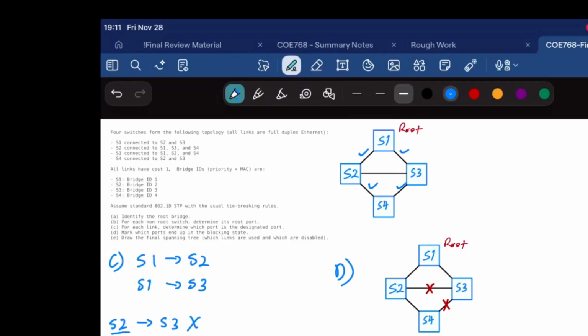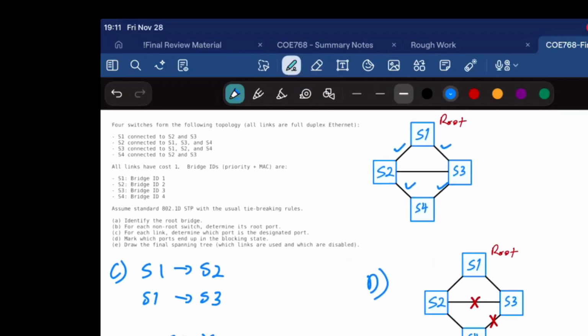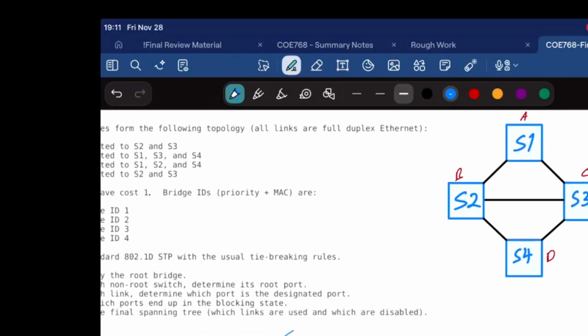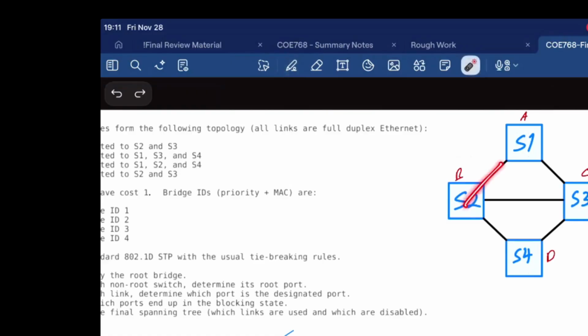The reason why we don't communicate between S2 and S3, as in the previous question, is that S2 is being connected to switch 1 and switch 3. To choose between these two, we know that S1 is the root switch in this case, since it has the lowest MAC address.